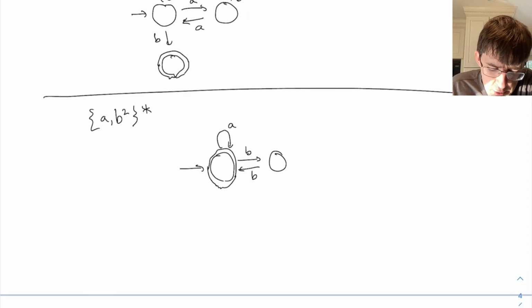So this says over here you can do as many A's as you like. You can also do B's, but every time you do a B, you must immediately do another B. You can't do anything else in between these two B's. That's why there's no other arrows on this state over here. Anyway, that's this language, A followed by B squared with the star.